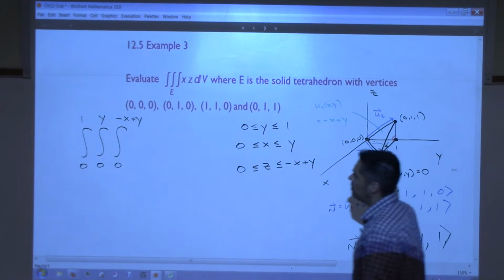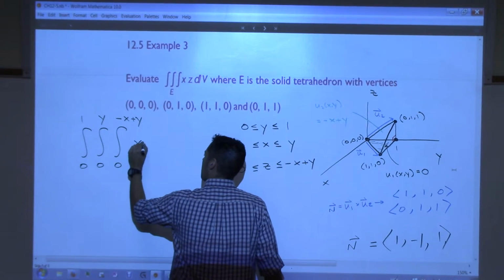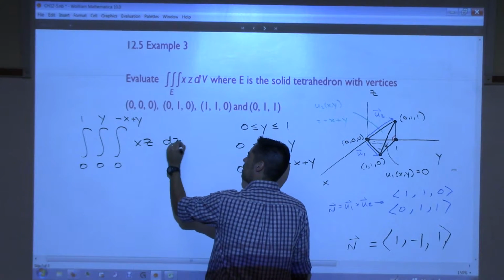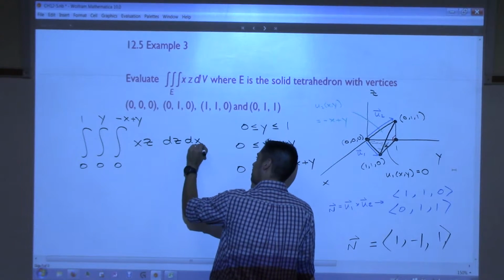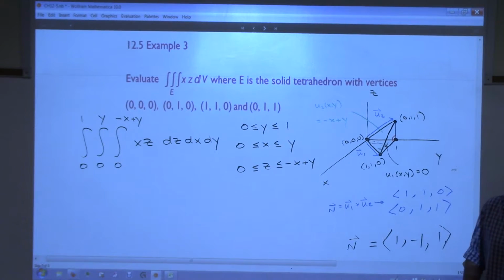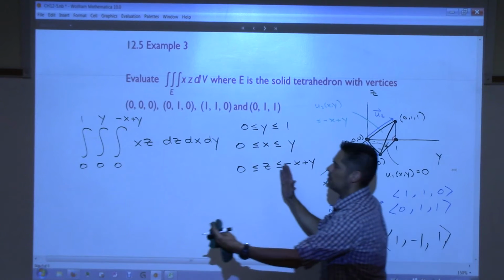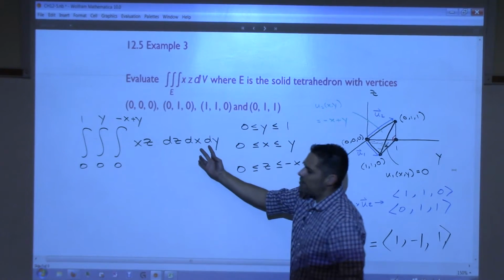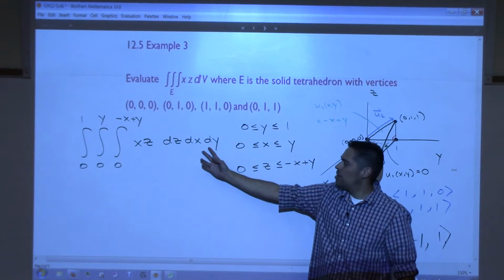I'm integrating xz dz dx dy. So you have to be careful with that, right? Because your outer are your restrictions on y. And that tells us right there it was a type 2. That switch there.